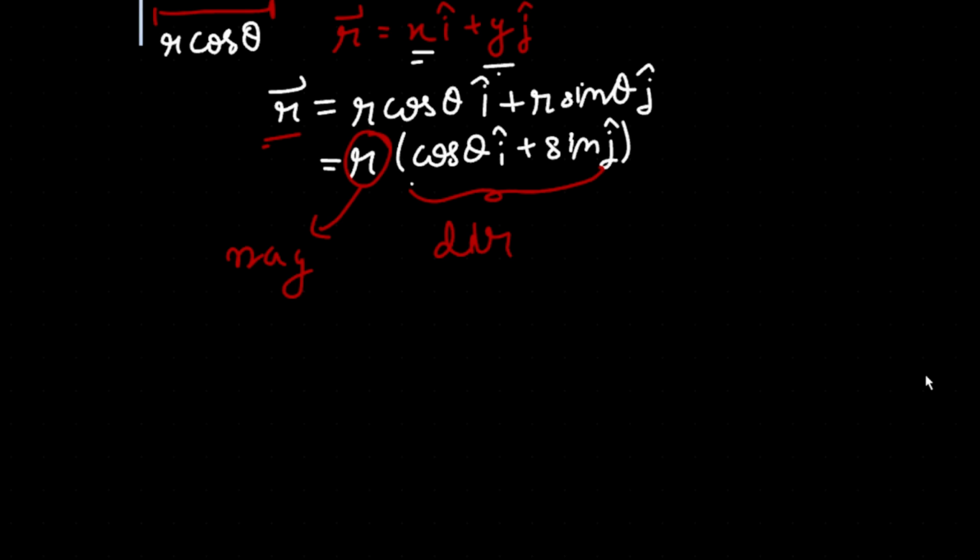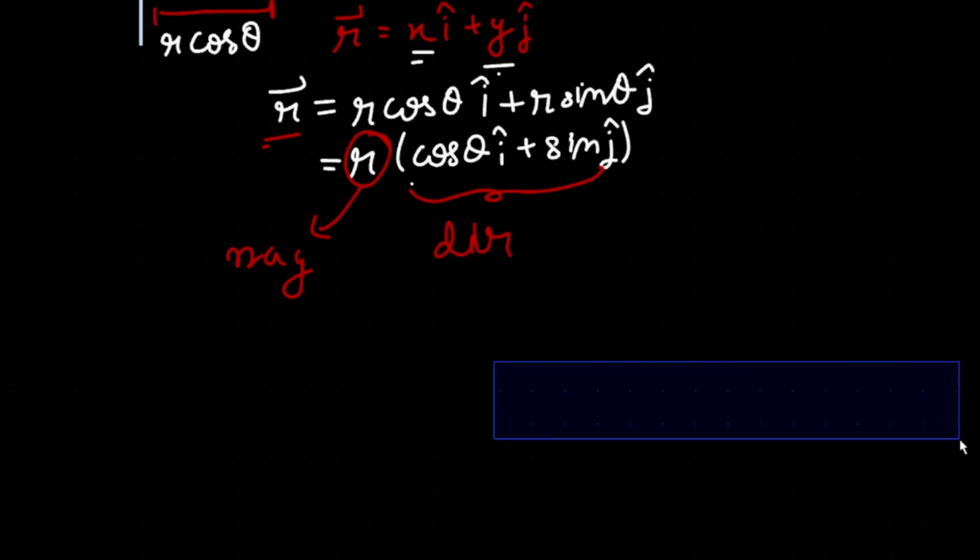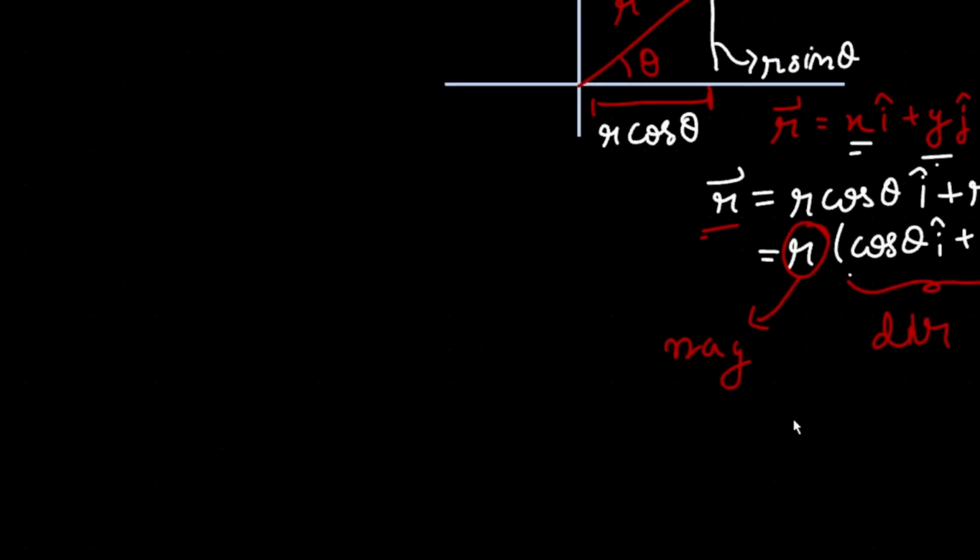And now if you ask me how a vector actually changes, I mean, how do you define the change in vectors? Well, come over here, let me tell you how vectors actually change. Suppose there is a vector, let me draw it.